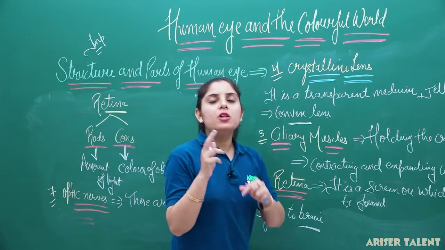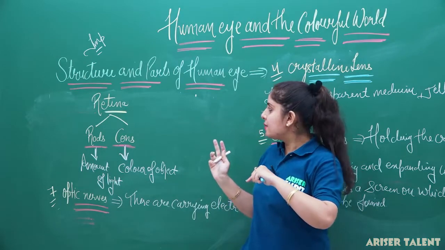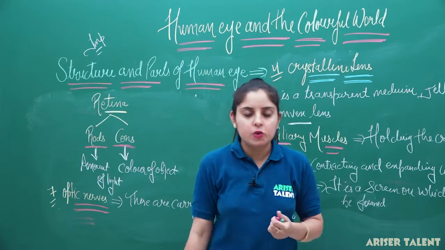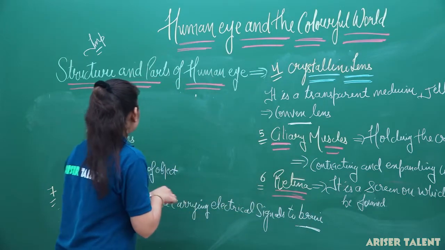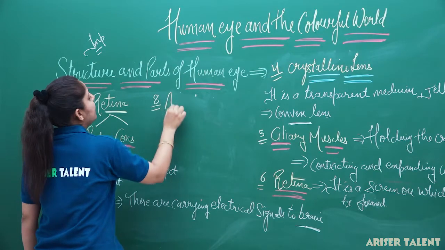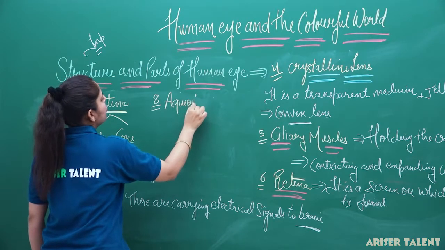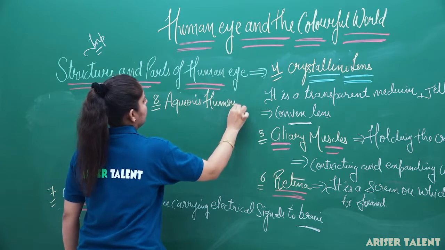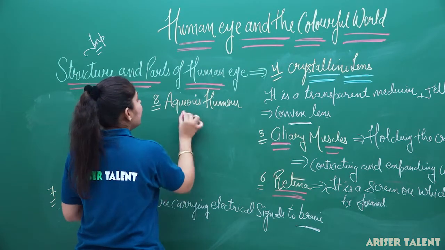Now we also have two parts in this structure of the eye, that is the aqueous humor and the vitreous humor. So what are those things? Here I am describing the 8th part, which is known as aqueous humor. Now what is this aqueous humor?